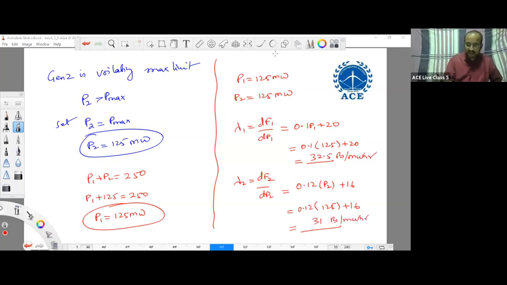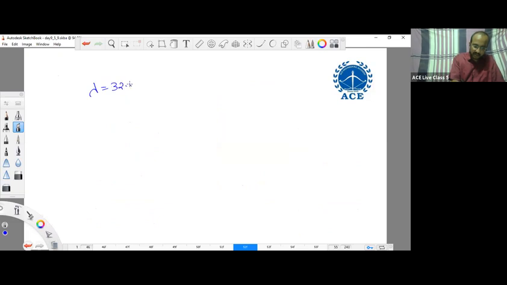So which value of lambda is to be selected here? Lambda value is decided by the unit which is participating in the economic dispatch program. If you observe, P2 is violating the limit. Lambda 1 is 32.5 rupees per megawatt hour.